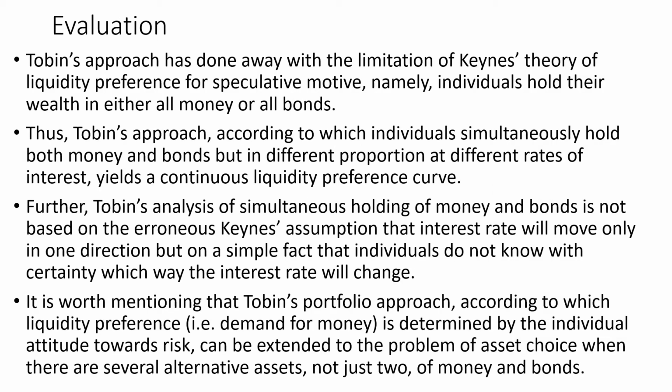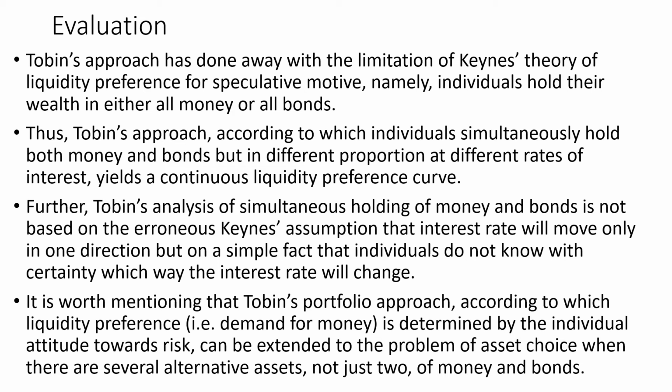Now coming to the evaluation of Tobin's portfolio approach, you can see that this approach has done away with the limitation of Keynes' theory of liquidity preference for speculative motive, where Keynes assumes that individuals hold all their wealth either in money or in bonds.